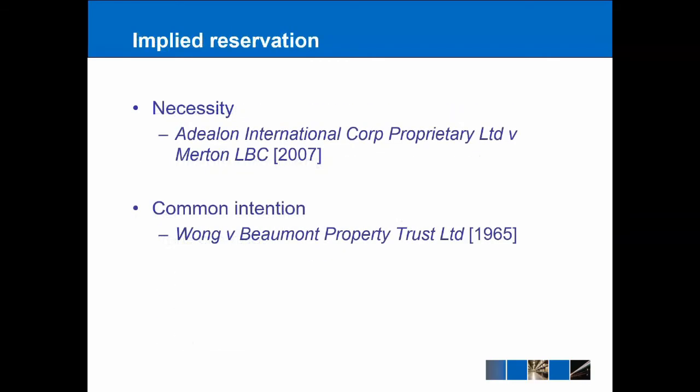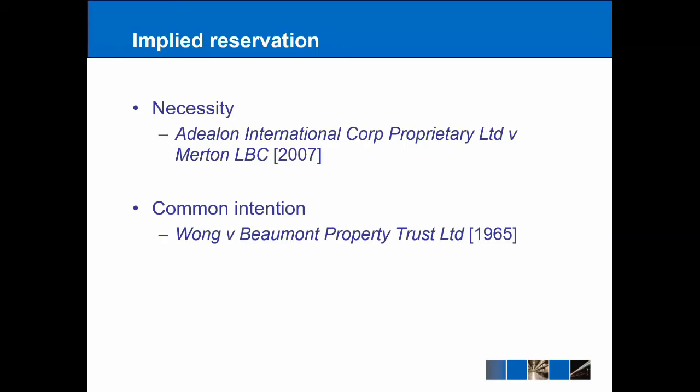So implied reservation is basically either necessity or common intention. And these are actually both very rare. So in Adelon International Corporation Propriety Limited and Merton London Borough Council from 2007, we had a situation where a claim failed even though there was a request for access to a public highway. So the necessity in question, the courts are asking in this situation, is the easement necessary?